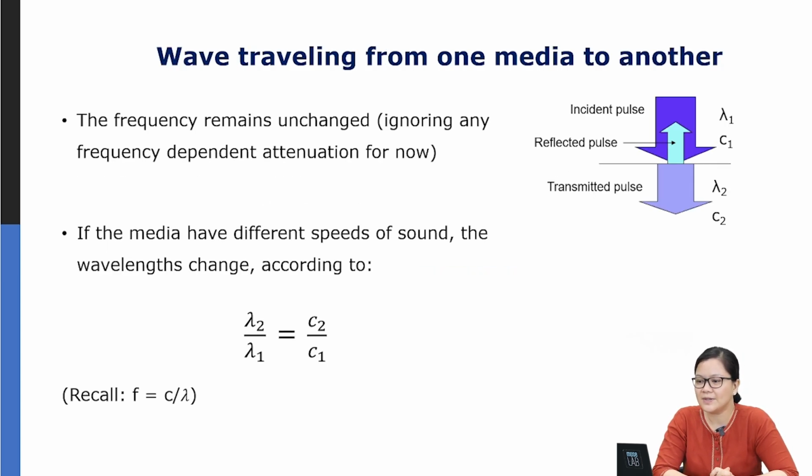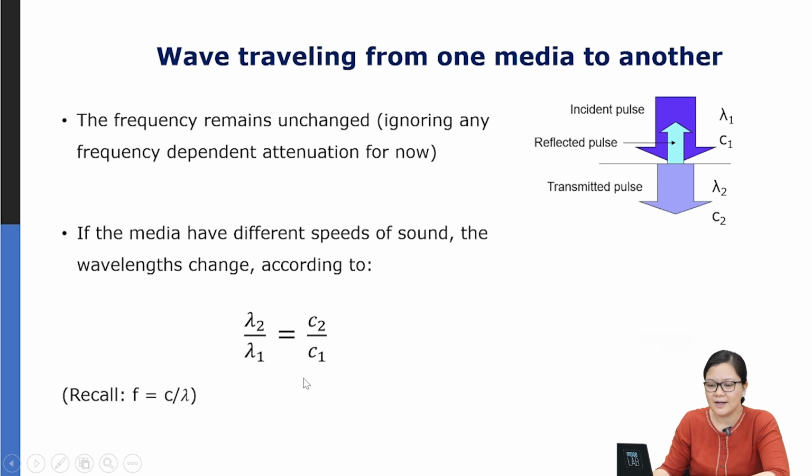Let's also look into how the wavelengths can change depending on the speeds of sound of the medium. So if a wave was traveling from one medium to another, typically the frequency remains unchanged. Let's ignore any frequency-dependent attenuation for now. But if the media have different speeds of sound, then the wavelengths will change according to this expression right here.